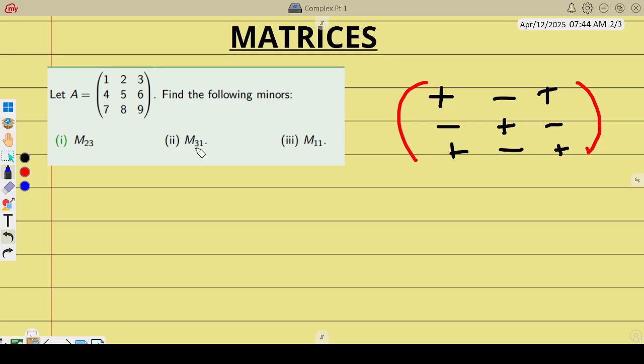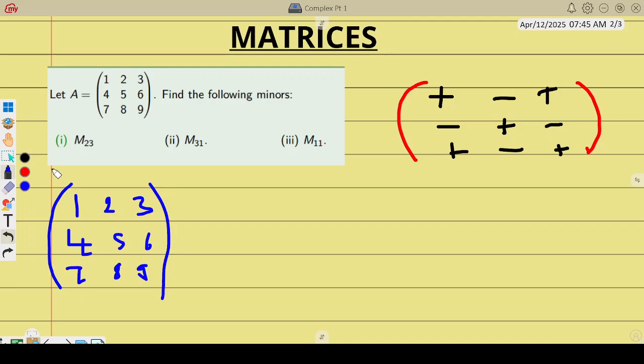So let's find the minor real quick. The minor for 3-1. So I have 1, 2, 3, 4, 5, 6, 7, 8, 9. To find the minor, the first number means row number 3.